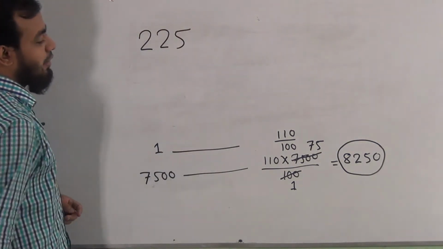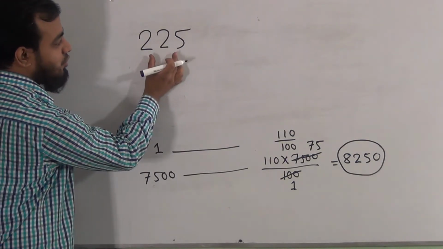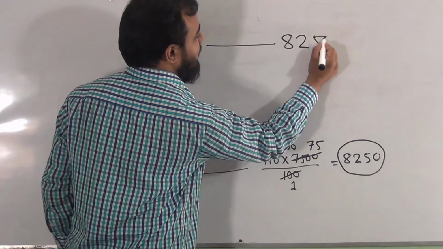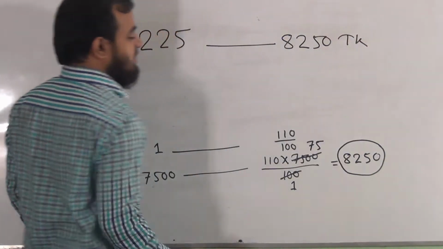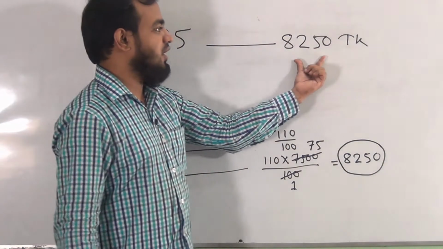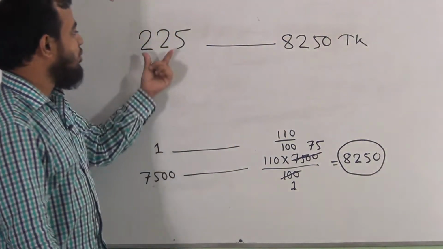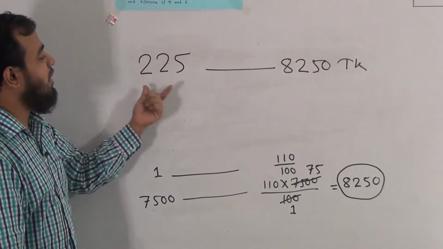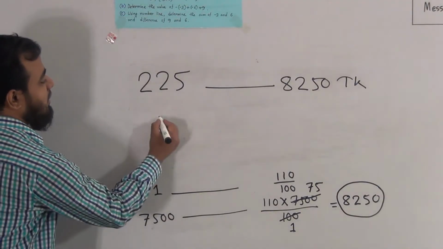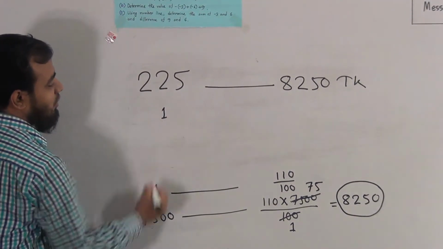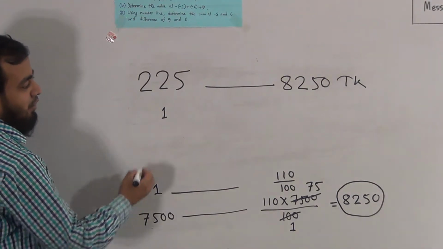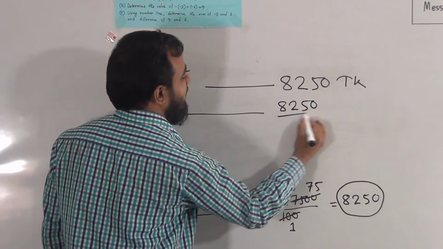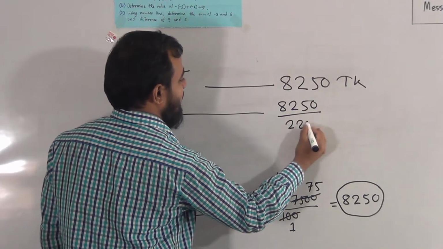That means the selling price of 225 mangoes is this one, 8,250 taka. Okay, from this we can find the price of a mango by the unitary method. We have to divide this 8,250 by 225 taka.